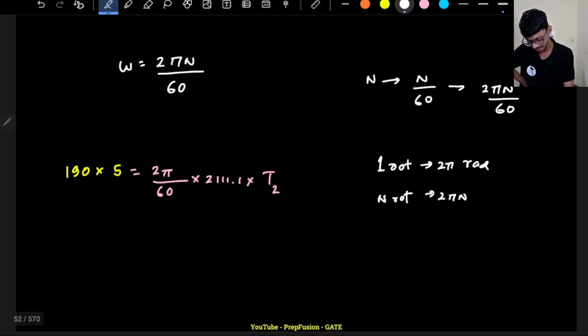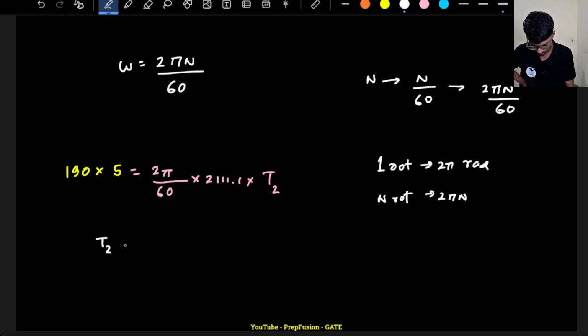So from here I can easily find out the torque. So what is the torque? Torque will be 190 into 5 into 60 divided by 2 into pi into 2111.1.